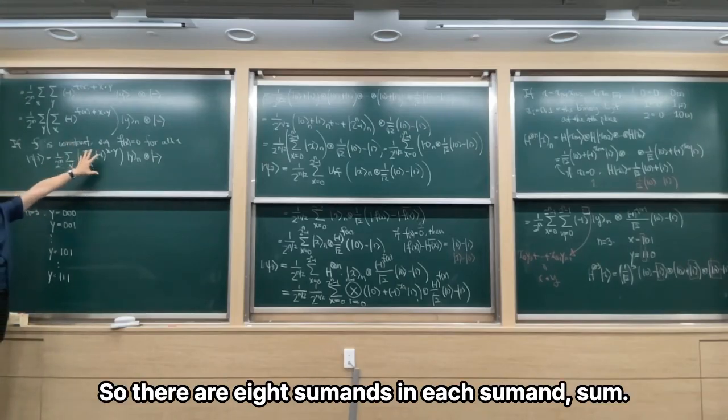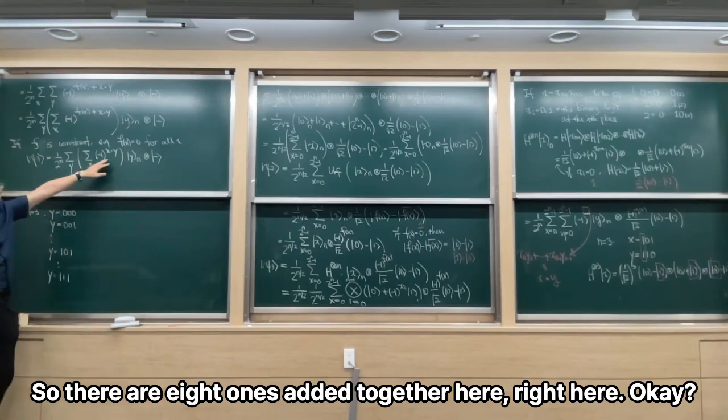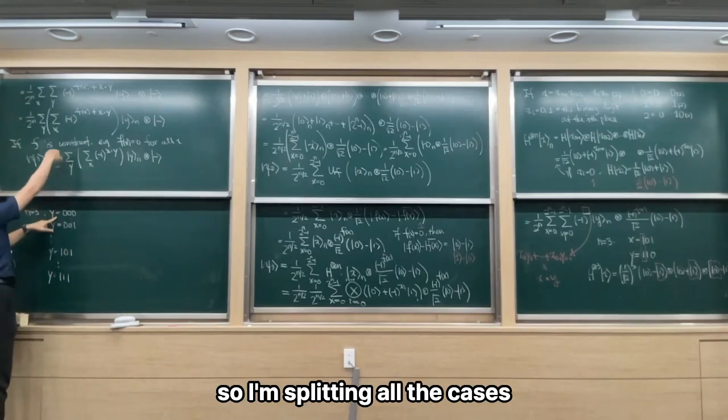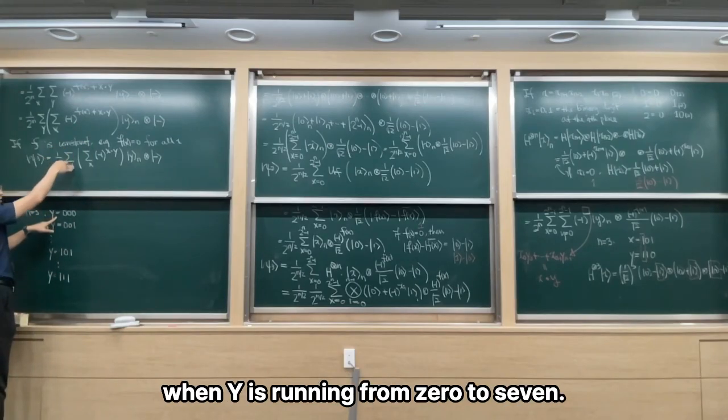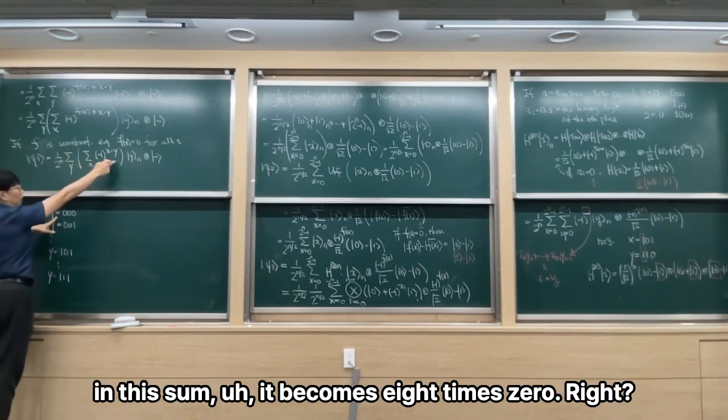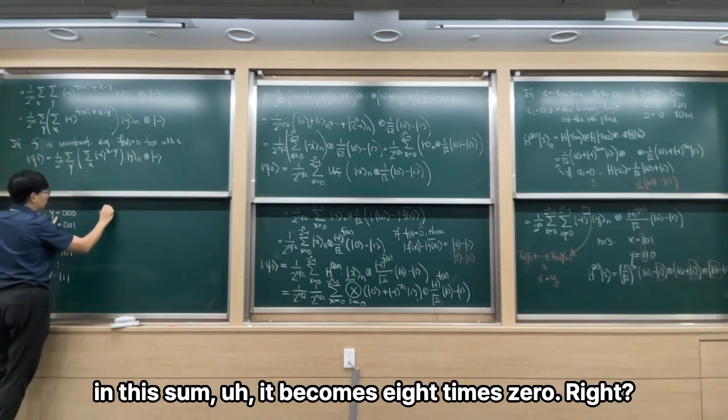So there are 8 summands in each sum. So there are 8 ones added together here. Okay? So when y equals 0, so I'm splitting all the cases when y is running from 0 to 7. So when y is 0 in this sum, it becomes 8 times 0, right?